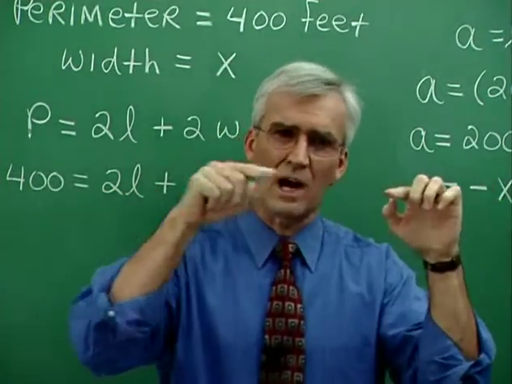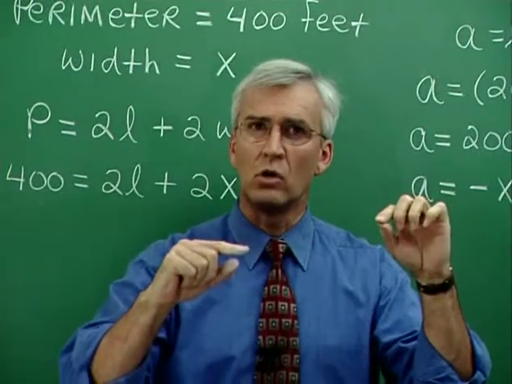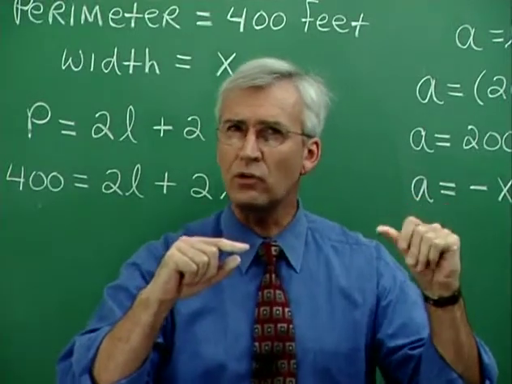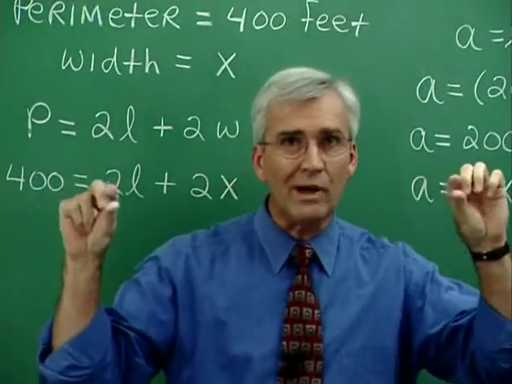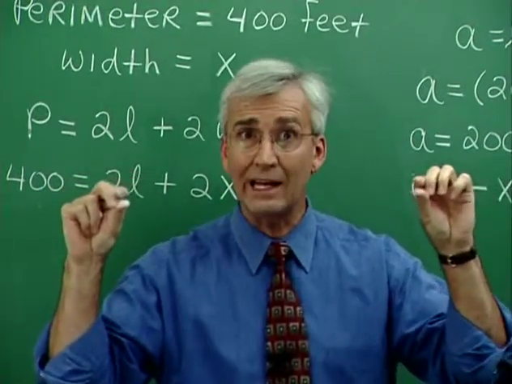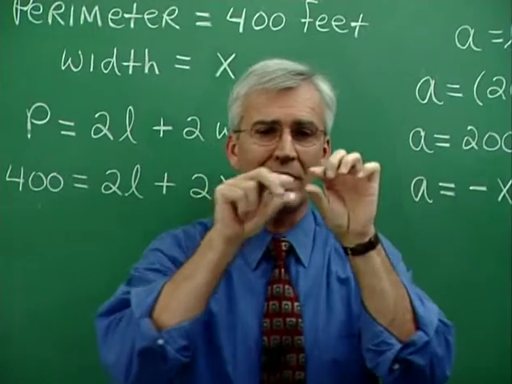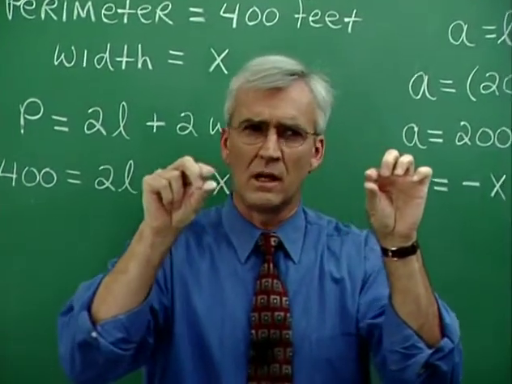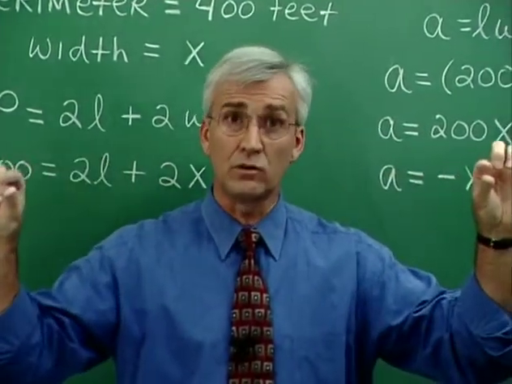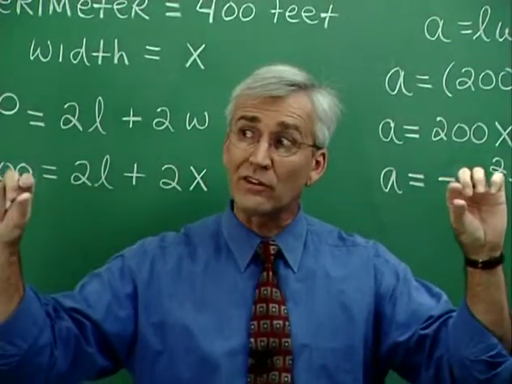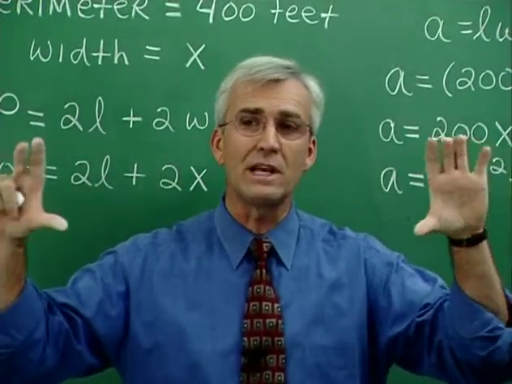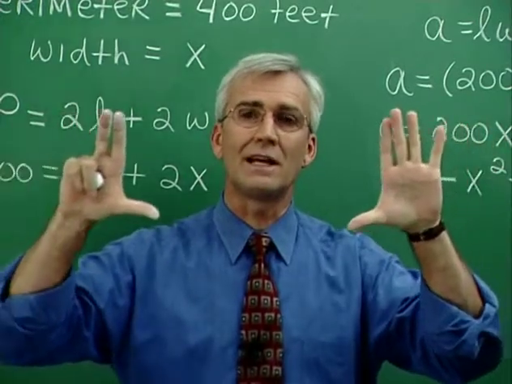So the top and the bottom would both be near 200, and together that's near 400. If the widths are really, really tiny, that's very possible. So we could have a really thin rectangle whose perimeter is 400, and then we could make the width a little bit wider, and then that rascal would come in like this.